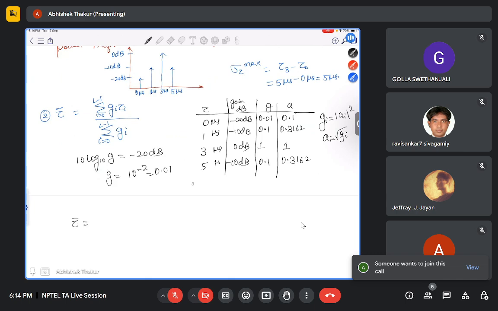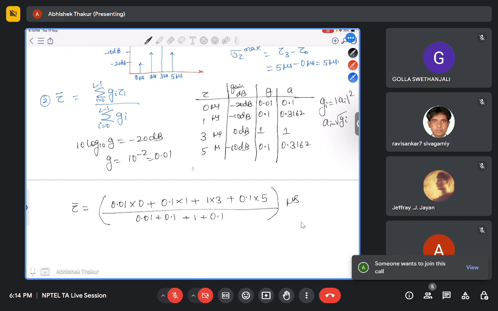Now tau bar is equal to the summation of gi tau i. So for i equal to 0, the value of gi is 0.01 and time is 0, plus 0.1 into 1, plus 1 into 3, plus 0.1 into 5, divided by the power of all the components, 0.01 plus 0.1 plus 1 plus 0.1, and the unit will be microsecond because time is in microsecond.